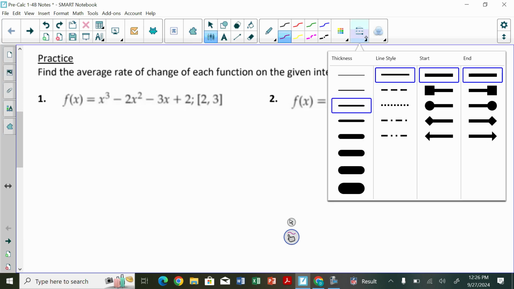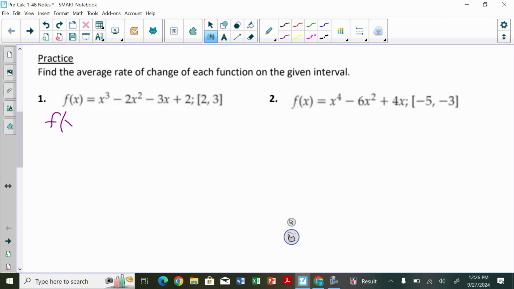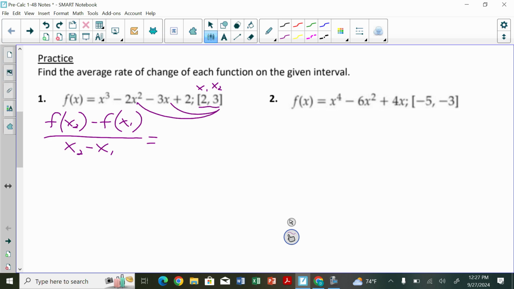Remember, we're saying f of x2 minus f of x1 over x2 minus x1. This is your x1 and x2, so we're going to evaluate at 3 and 2, putting these into the variable and getting those function values.